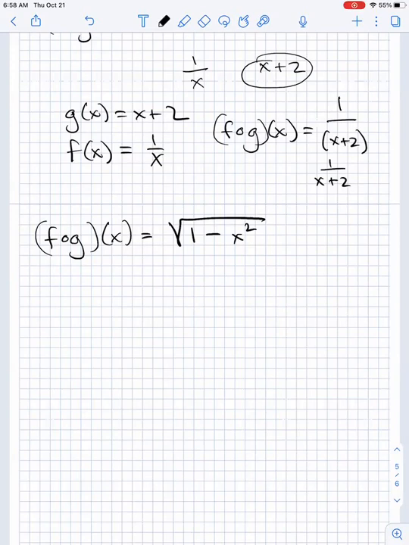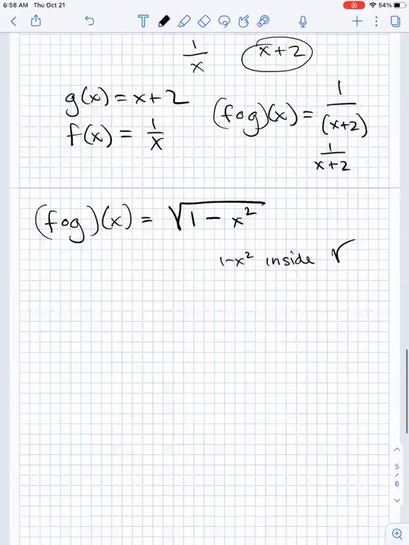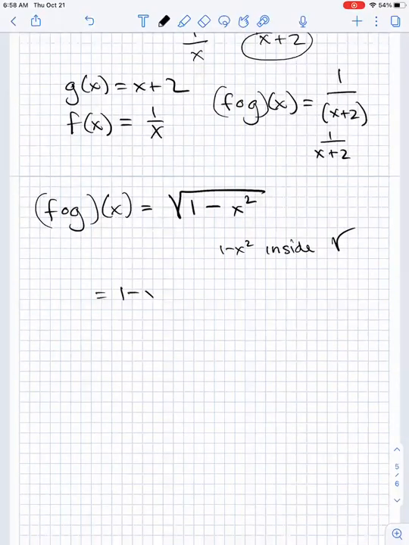You've got a 1 minus x squared inside a square root. So those are my two functions. I have 1 minus x squared, and then I have the square root. So the input function is your g of x. So the stuff that goes inside is g of x, and what it is going into is f of x.